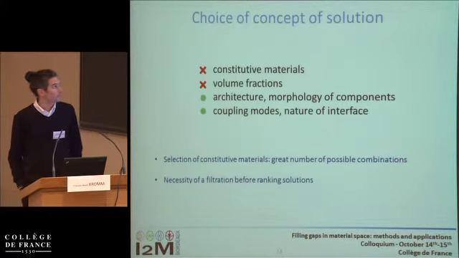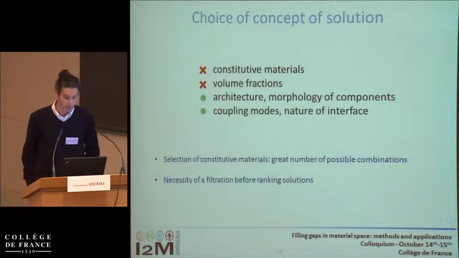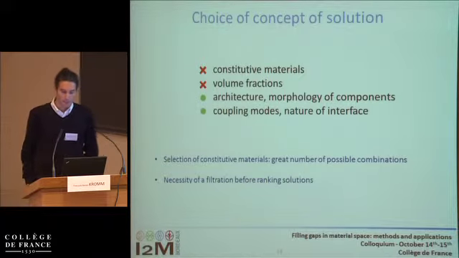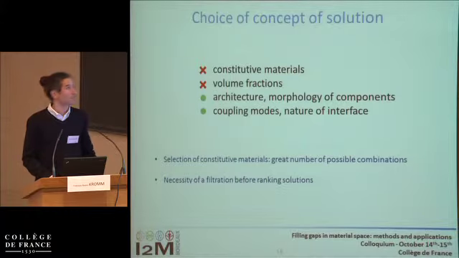In the first case, we're going to consider that the coupling mode is already known because we suppose the interface between the two materials, 2 or 3, is perfectly bonded. And we suppose the architecture is known. In the next example, we will consider a multi-layer material.